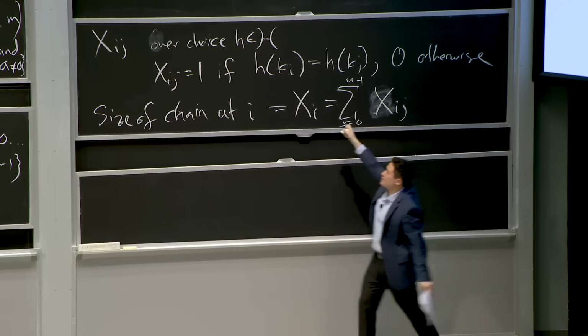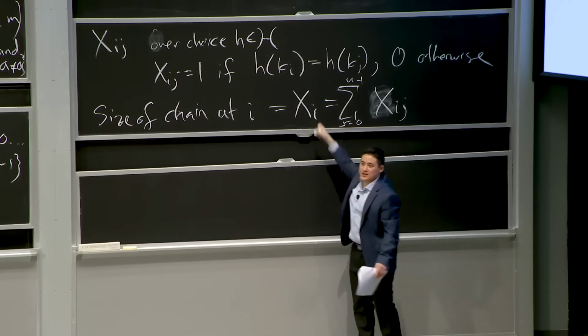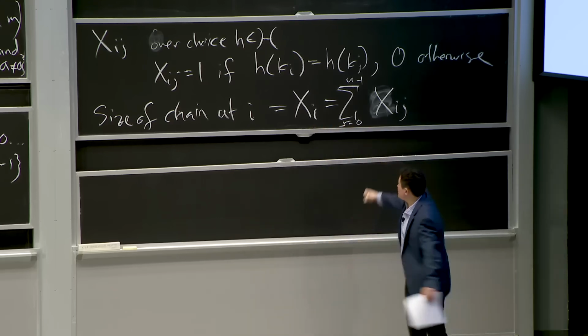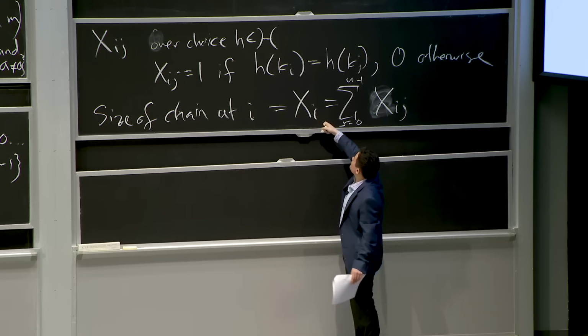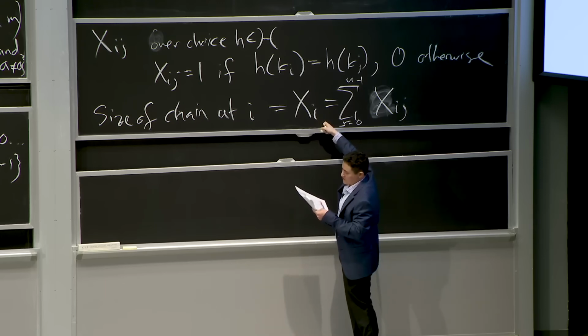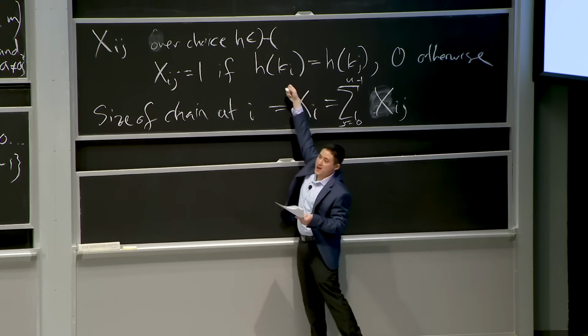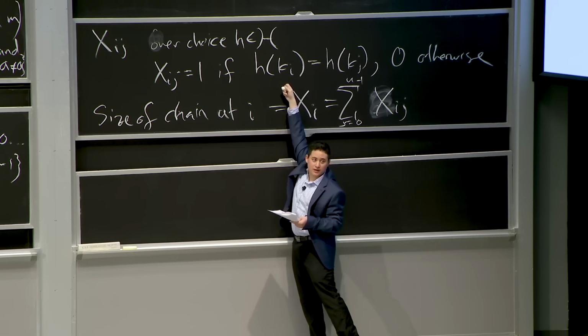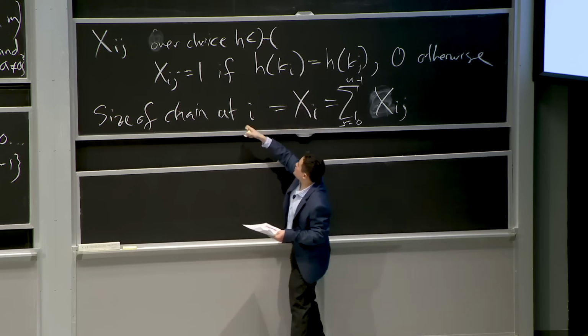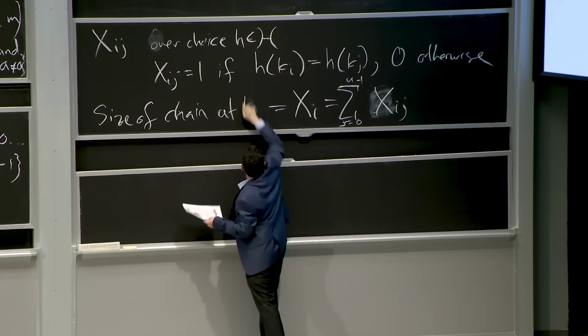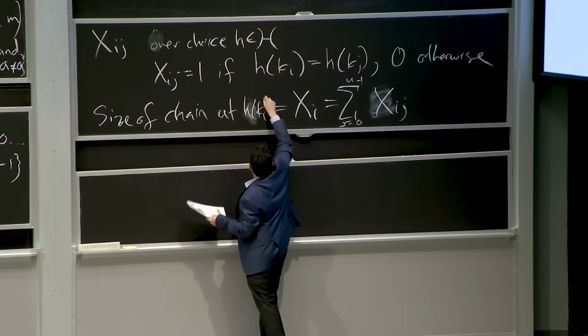So basically, if I fix this location i, this is where this key goes. Sorry, this is the size of the chain at h of k_i.